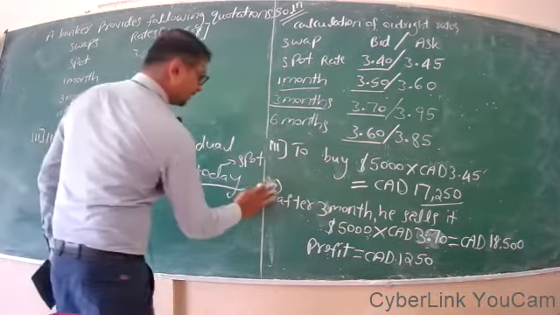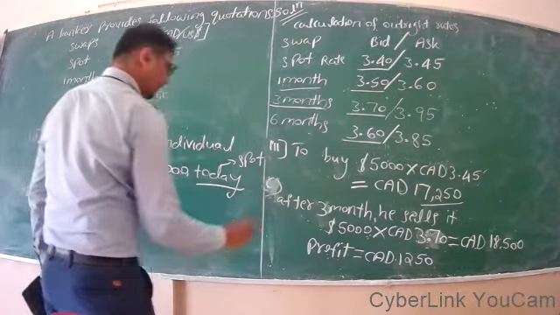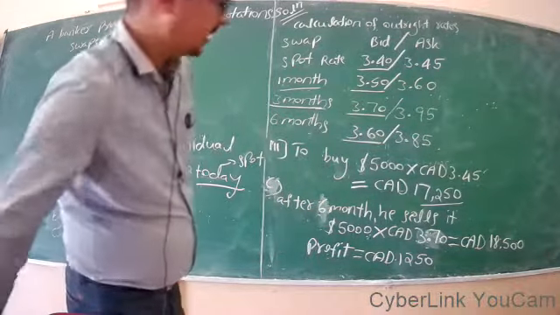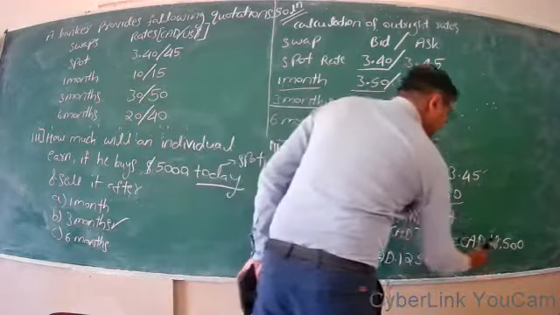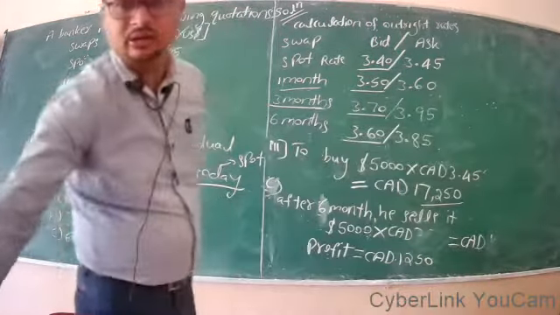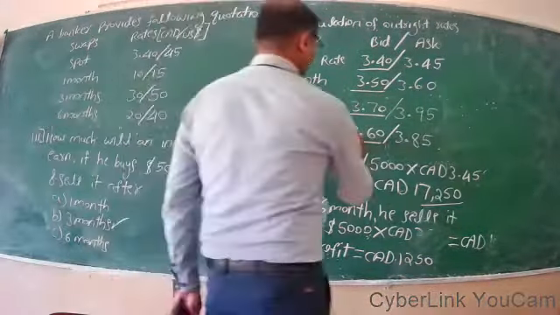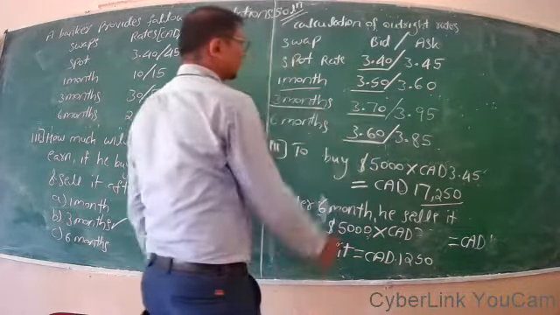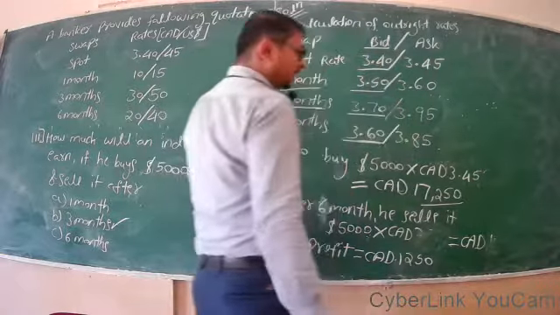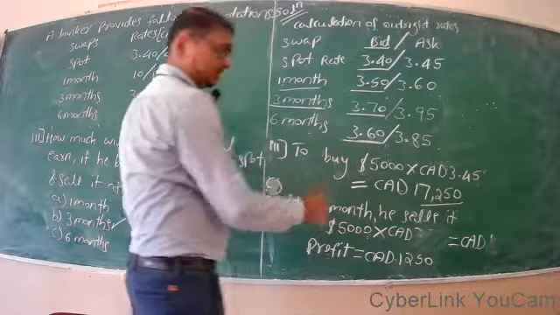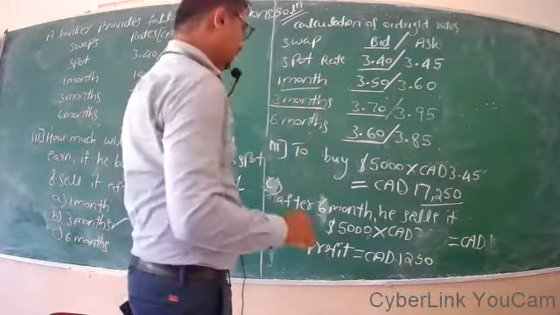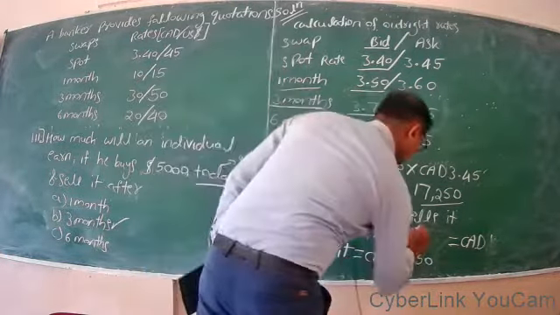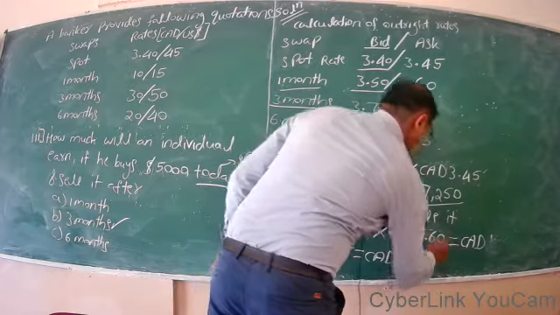Now, the question number C, they are asking what happens if he sells after 6 months. So, after 6 months, the banker's quotation or banker's buying price is 3.60 per US dollar. That is the buying price of the banker. He is the individual, is the seller, and banker is the buyer here. So banker buys at 3.60 Canadian dollar.